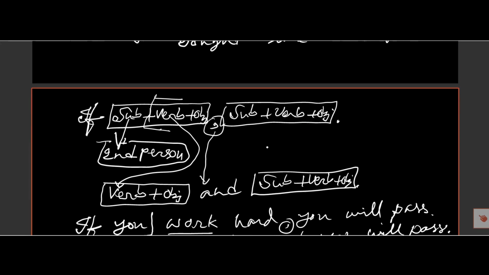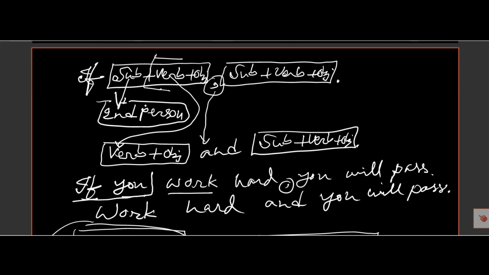And if there is the conjunction if, after if there is a subject, and if the subject is second person, then in a compound we must begin with the verb, and then object here, and instead of comma there is "and", then the other part will be here.